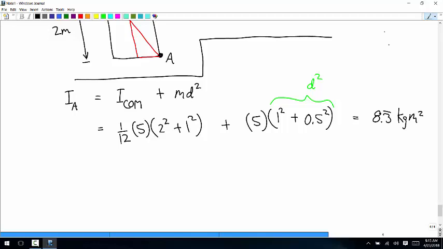Okay, so if you're taking the mass moment of inertia of something about its center of mass, and then you take the mass moment of inertia of the same object about a different point, which one of those is bigger? Bigger, the further away. The mass moment of inertia about the center of mass is the smallest it can be for any shape.